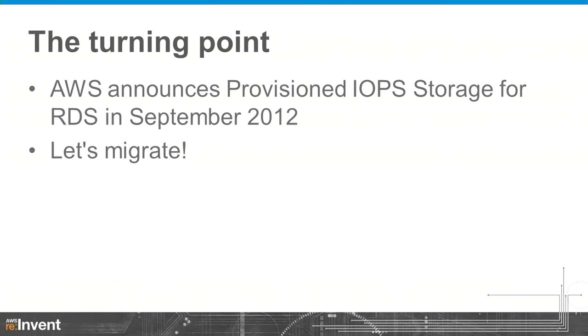But then, with impeccable timing, at least for us, AWS announced provisioned IOPS for RDS. And with faster I/O, we would have a lot of room to grow. With that taken care of, we decided to go ahead and migrate.